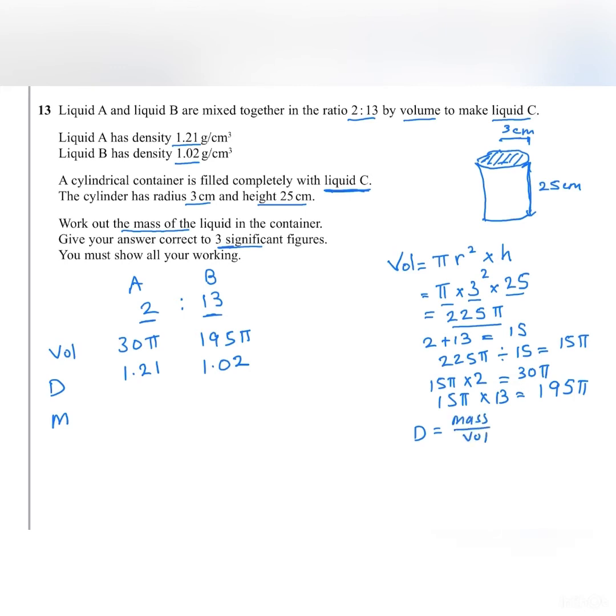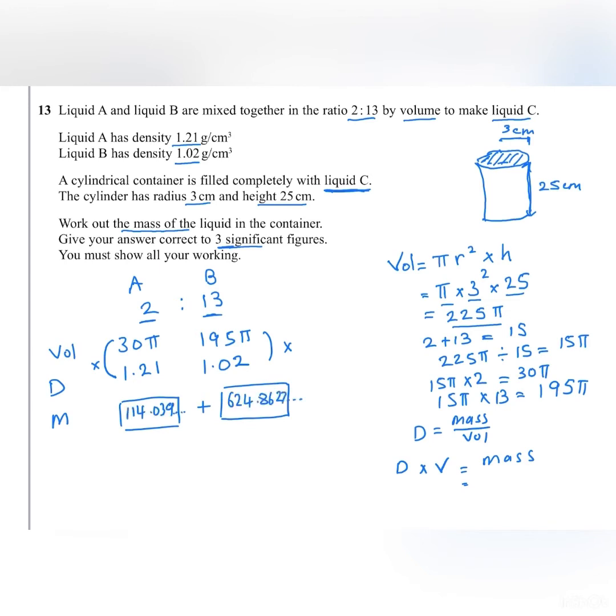Now, we want to find mass. So mass is going to equal density times volume, okay? So if we multiply these two numbers together, volume and density, we should be able to find the mass of both liquids, and then we can add them together. Okay, so let's just find that.